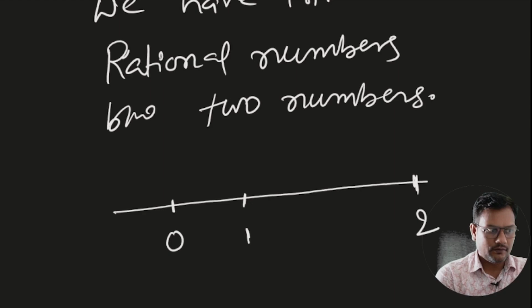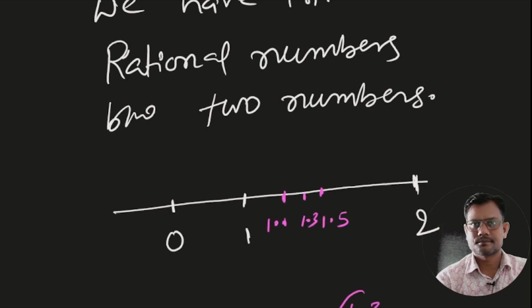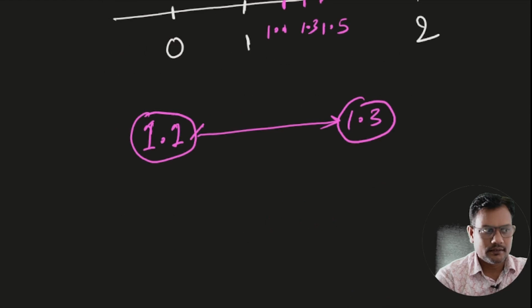We had 1.5 here and 1.1 here and 1.3 here, right? These are two rational numbers we had. And we found a rational number 1.2 between these two numbers.